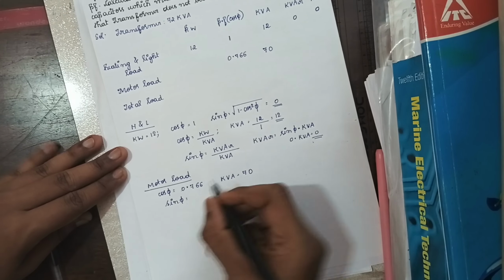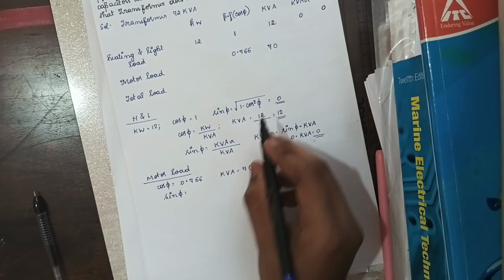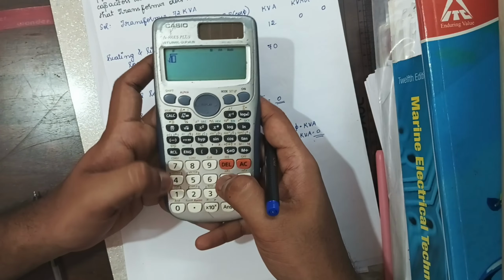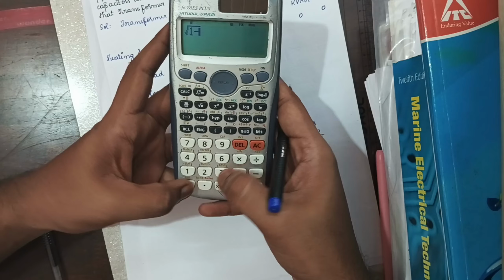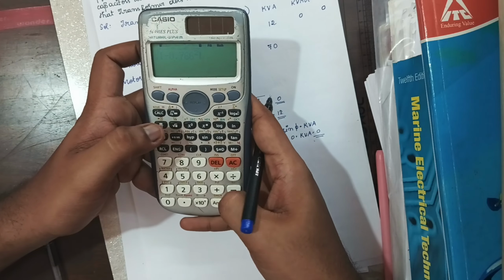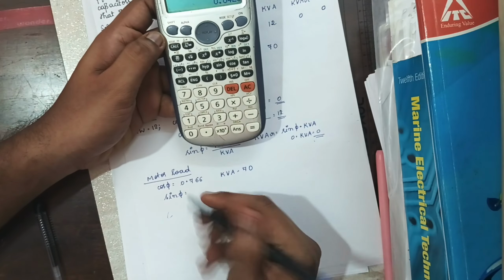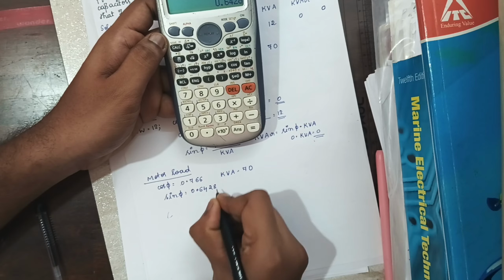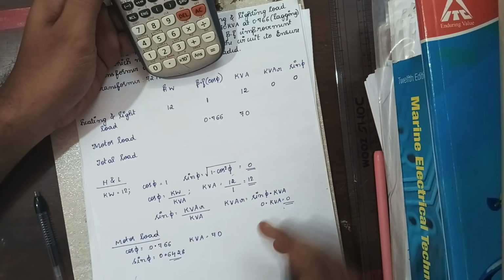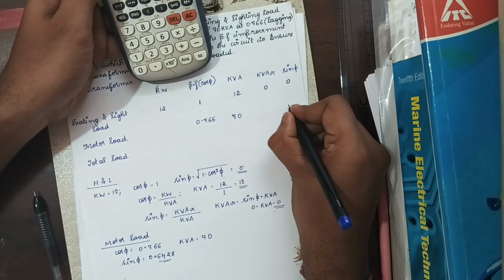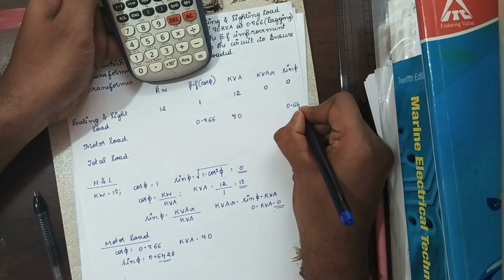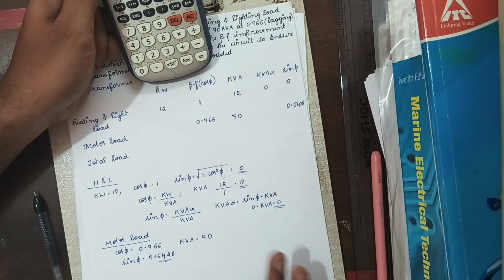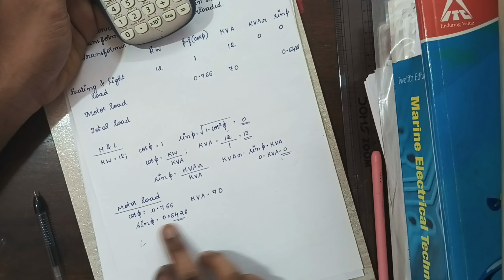I'll not write the formula here. We know the formula, root of 1 minus cos square phi. So root of 1 minus 0.766 square will be 0.6428. Okay, we got sin phi, that is 0.6428.